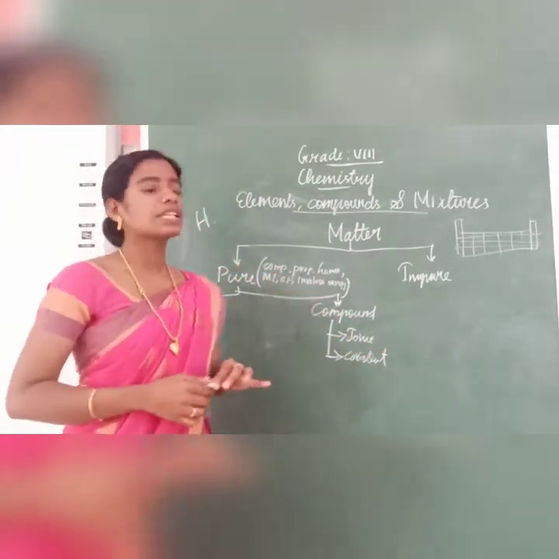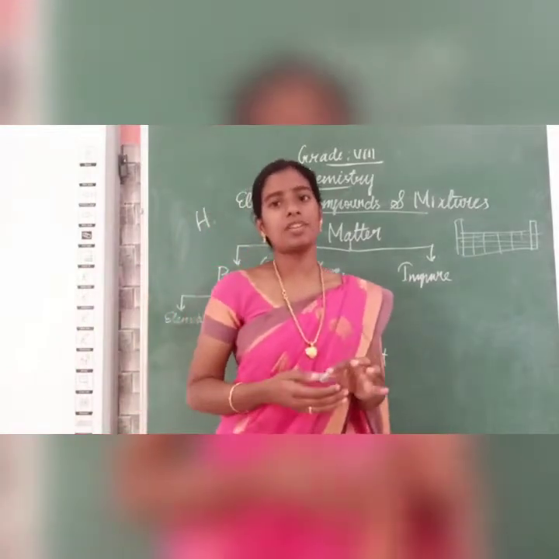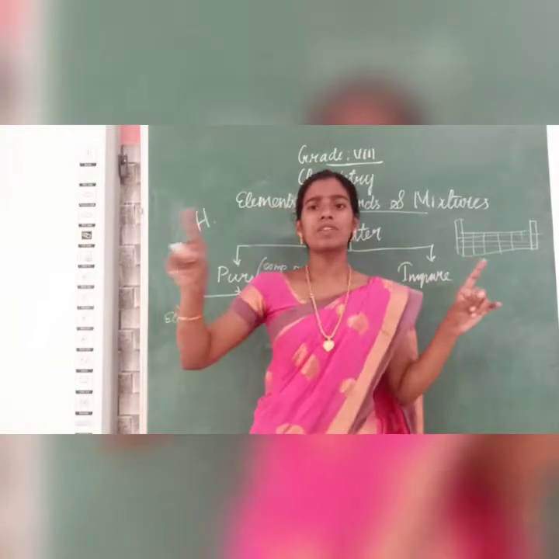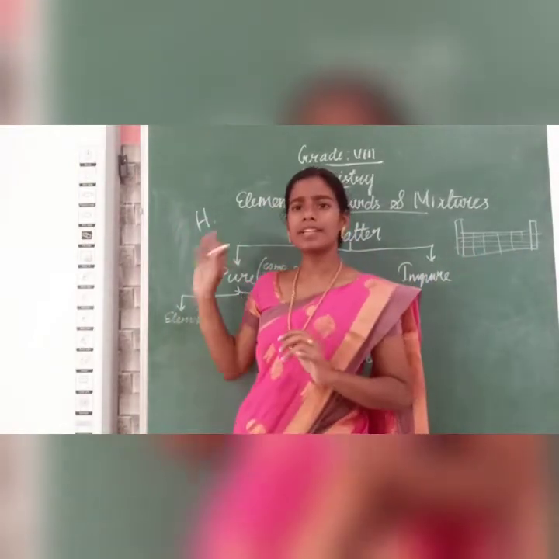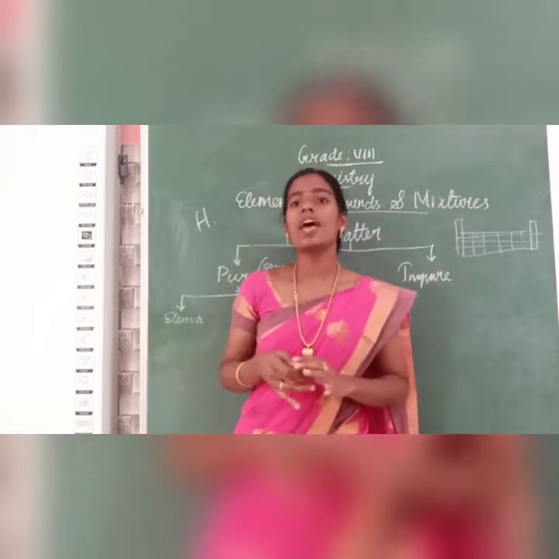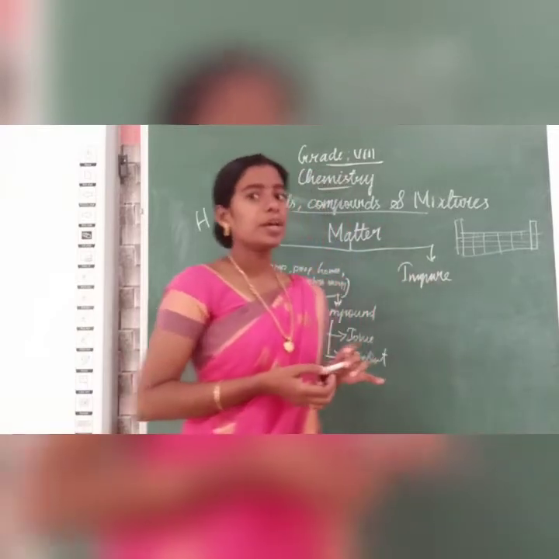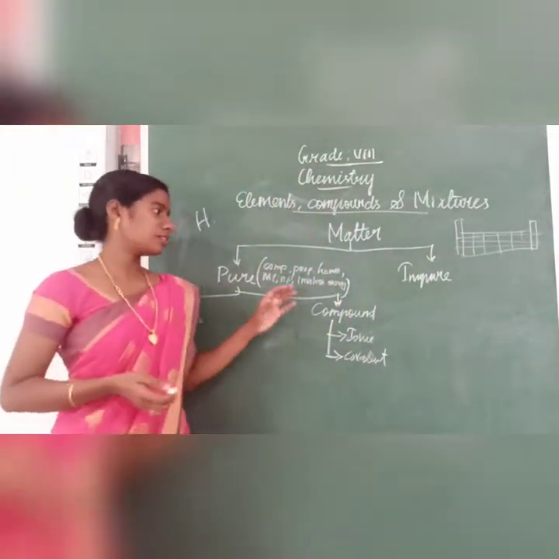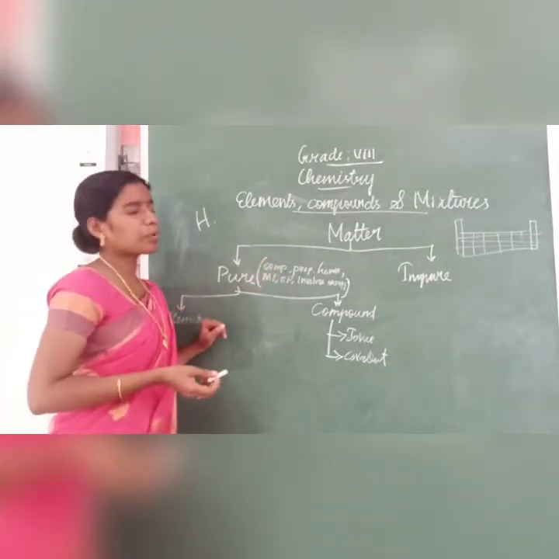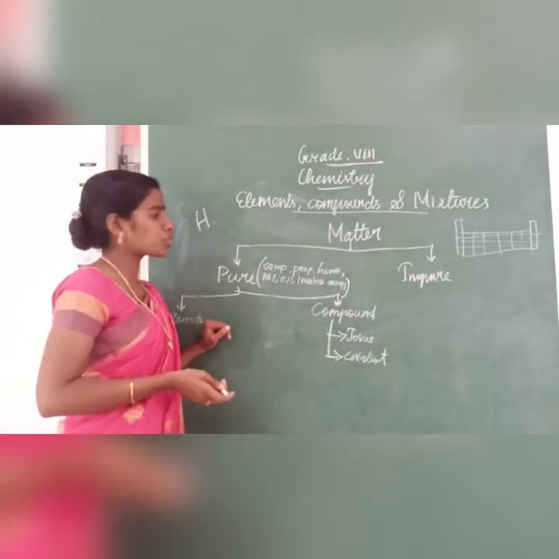And one more is that it is homogeneous. Homogeneous means, as I said, all the atoms will be uniform. In hydrogen, only hydrogen atoms will be there. In oxygen, only oxygen atoms will be there in pure substances. The properties are, it will have definite composition, definite chemical properties. They are homogeneous in nature.